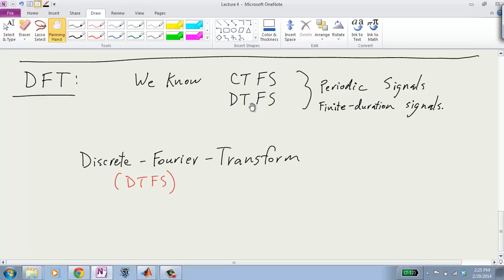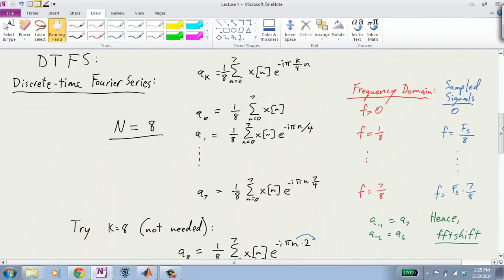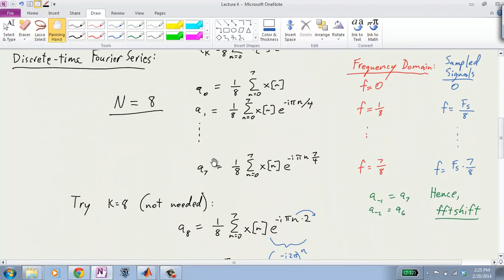All right, and we see that that's what happens with the discrete time Fourier series. In time, it's discrete. It's a discrete time signal. But because it's finite duration, which implies that we're interpreting it as if it's periodic, the frequency domain is also discrete and finite, and it's the exact same length of vector as the original finite duration signal.